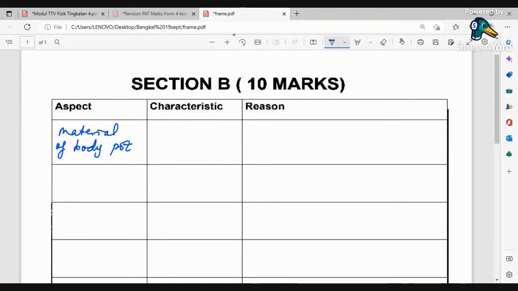And then the second one is specific heat capacity of handle, pemegang. And then the inner pot, coating of inner pot.